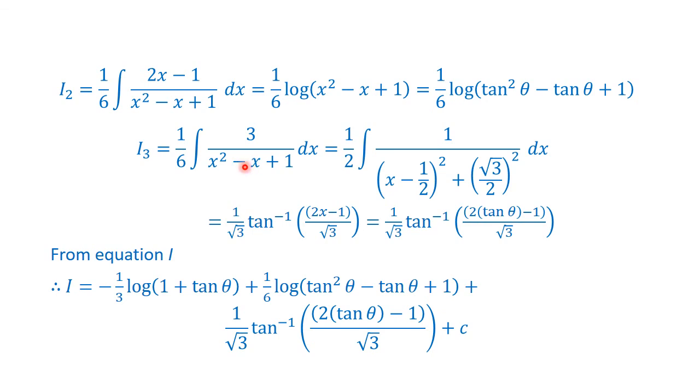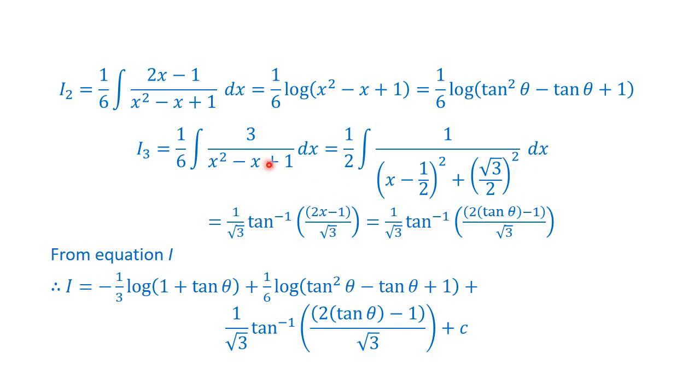So adding and subtracting 1 by 4, we get a complete square, x minus half bracket square plus root 3 by 2 bracket square. Okay, solve it separately and then you will have there, that is x minus 1 half bracket square plus root 3 by 2 bracket square.